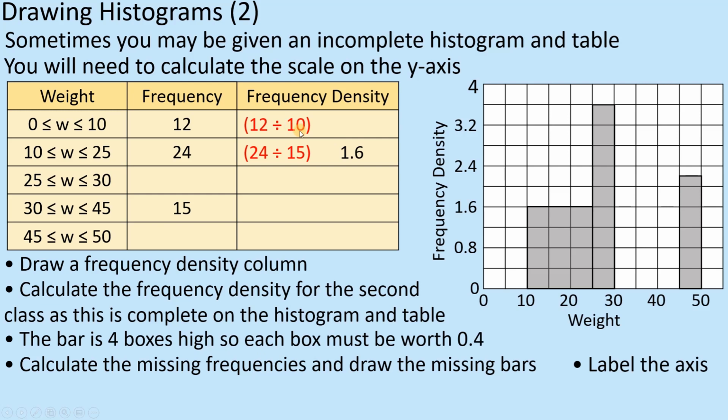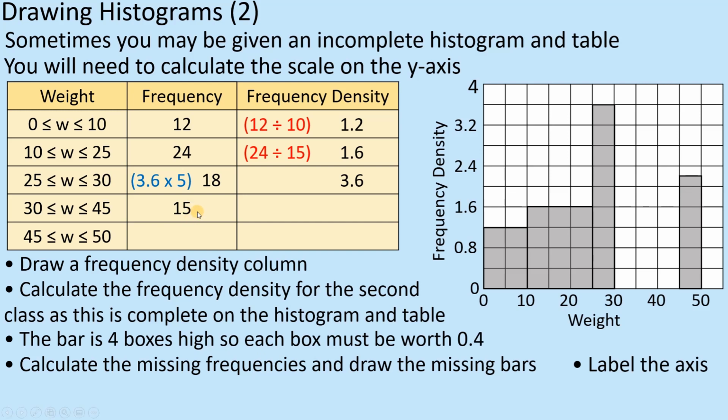We're going to do 12 divided by 10. So that divided by that is going to give me the frequency density of this one, which is 1.2. So that's going to give me a box going like that. Now we can do the one I was talking about. 3.6 times 5 gives me this area, which is 18.